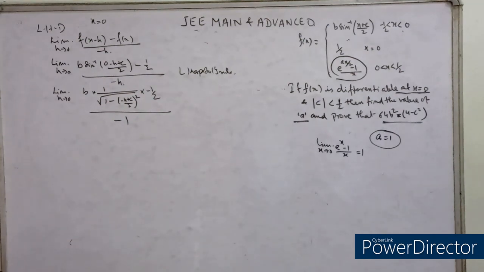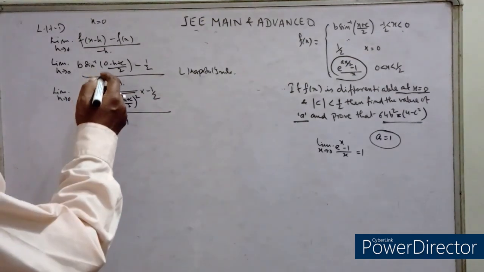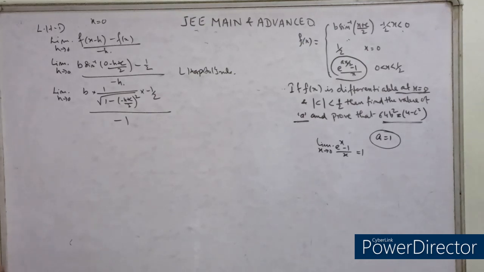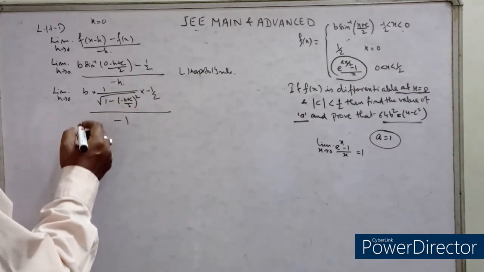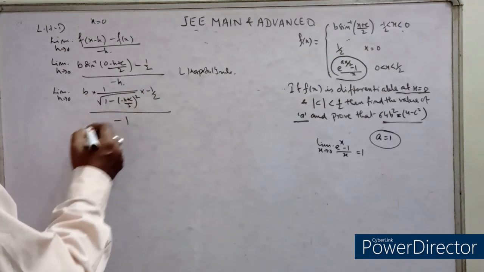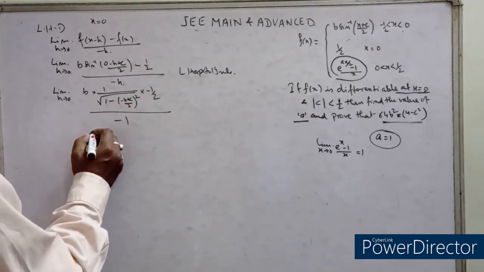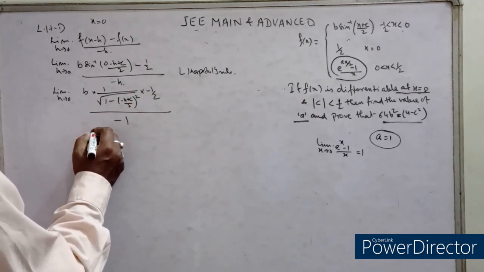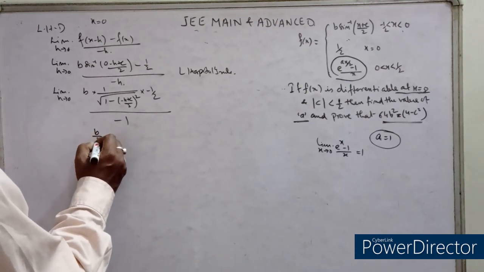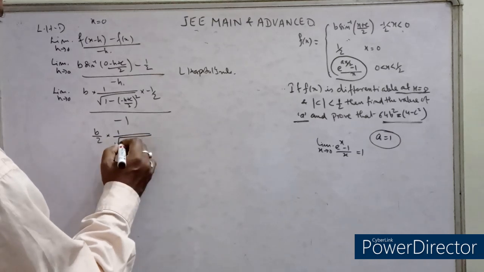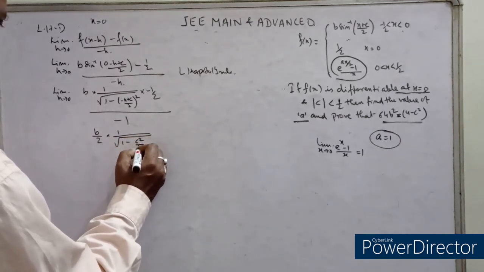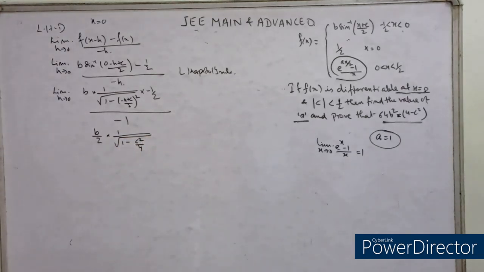Differentiation of the half is 0, and differentiation of h in the denominator is minus 1. We are differentiating with respect to h. Now this cancels out, and if I put the value of 0 here, this will be b by 2 into 1 by root over 1 minus c square by 4.